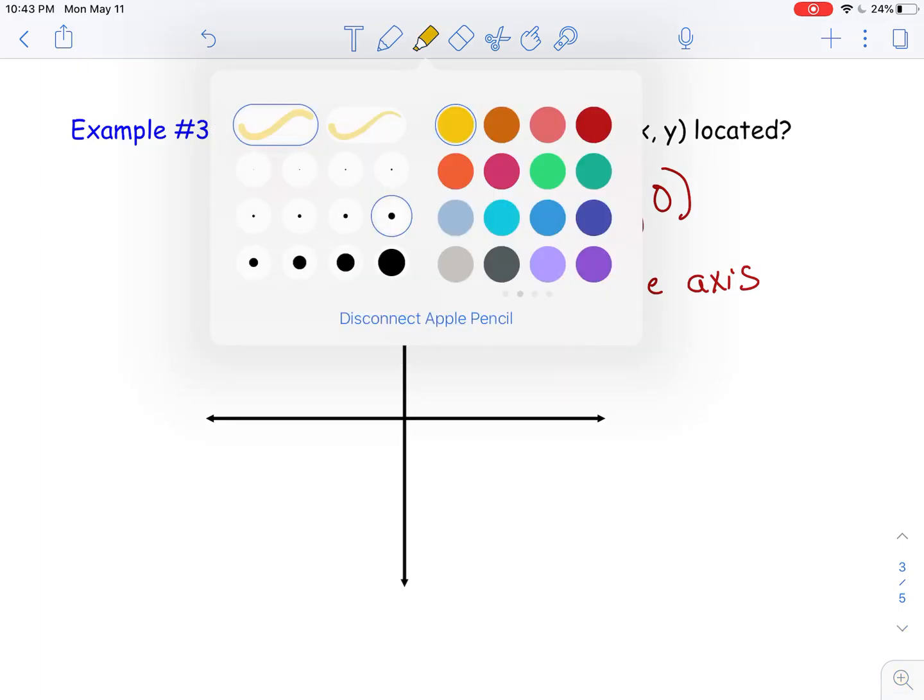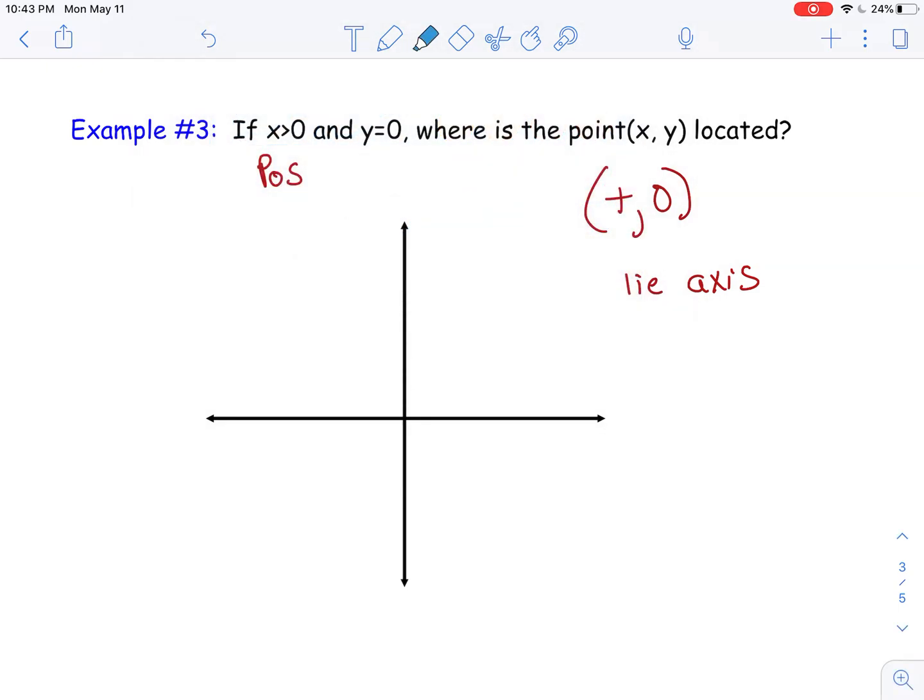That is going to be on the positive x-axis. Any point I pick on this axis is going to have a positive x and my y will be equal to 0. So the answer to this is the positive x-axis.